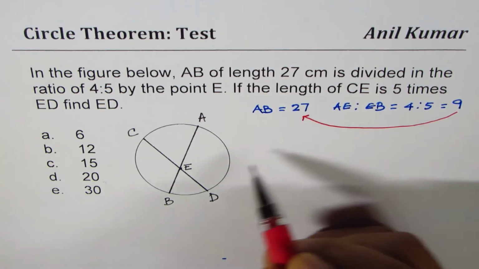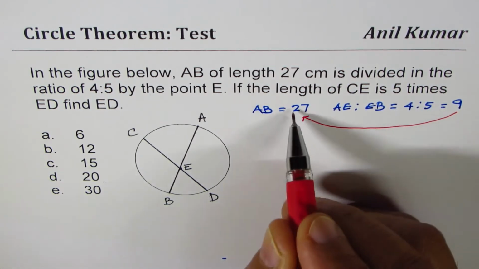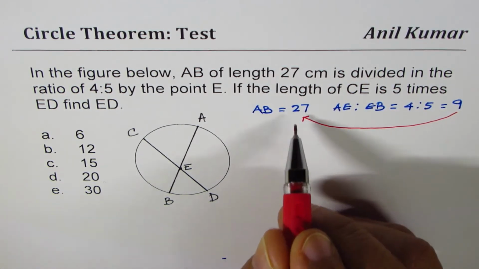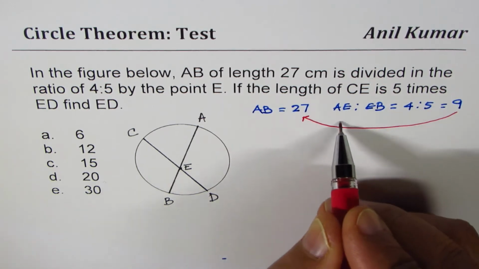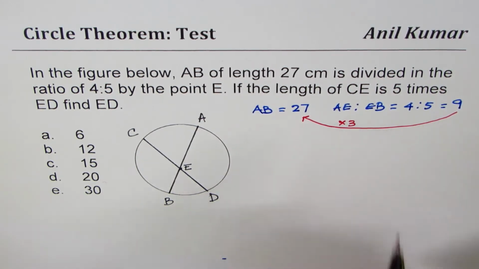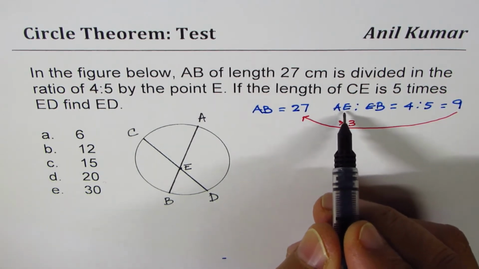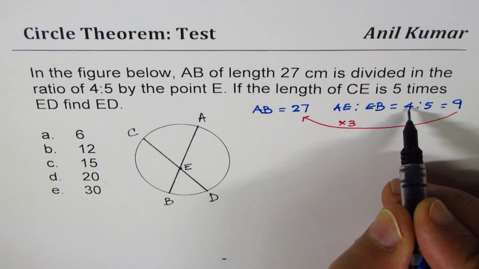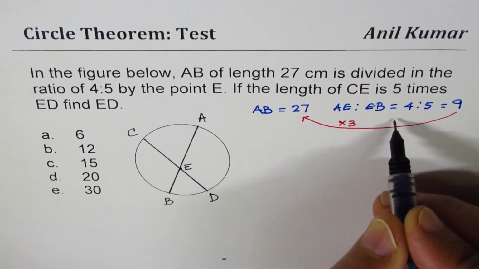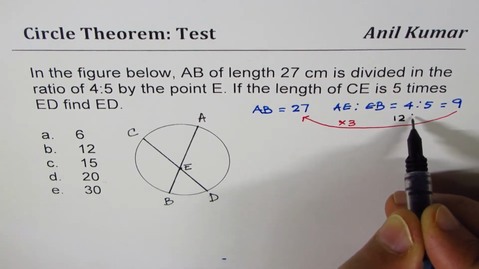So we are talking about a ratio of 4:5, total is 27. Now 9 times 3 is 27, correct? So that gives you directly the values of AE and EB. If I multiply these by 3, I get 12 is to 15.